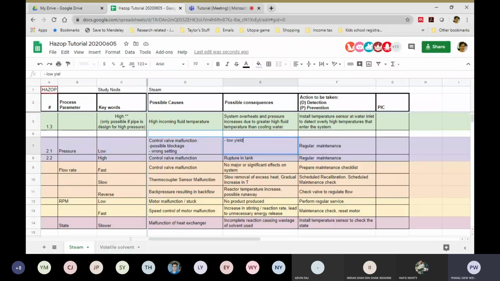Other than that, I think it's pretty much just that. Okay, so regular maintenance. And what else? Possible blockage, maintenance can clear that. What about wrong setting?